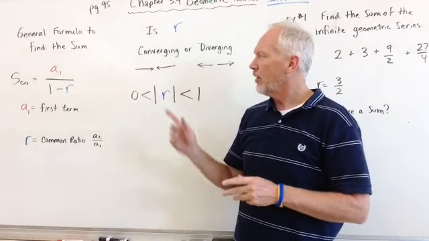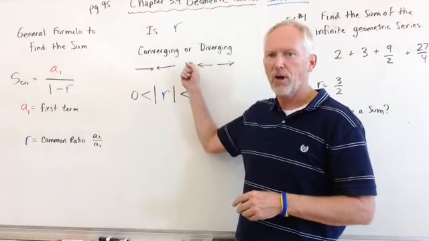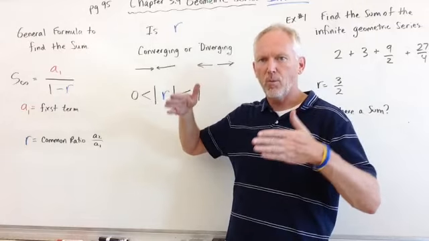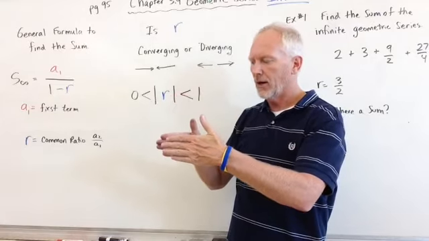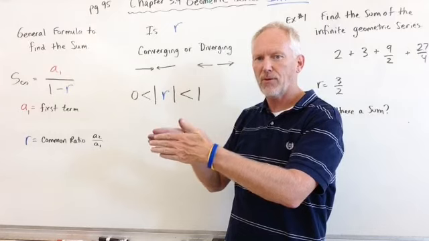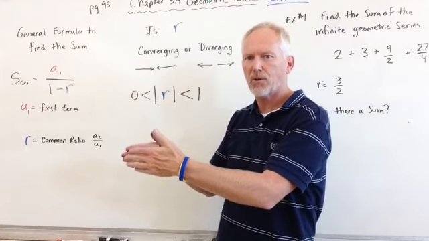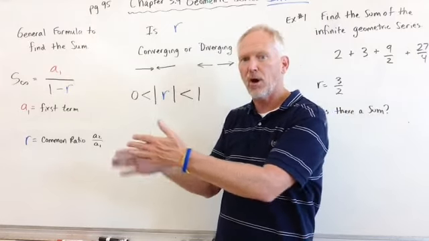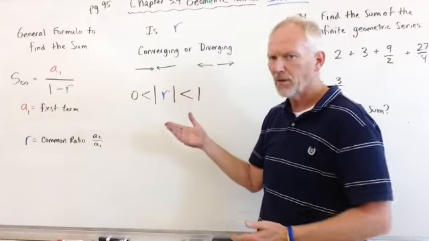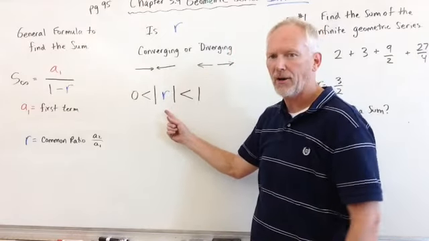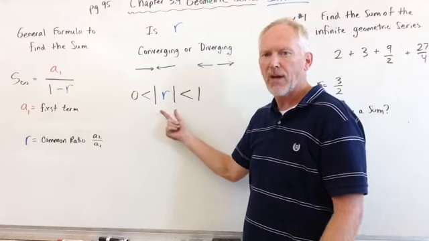However, on the other hand, if our r value converges, so the values of the series start to converge to a specific number, typically 0 or other numbers, then our r value needs to be some type of fraction.